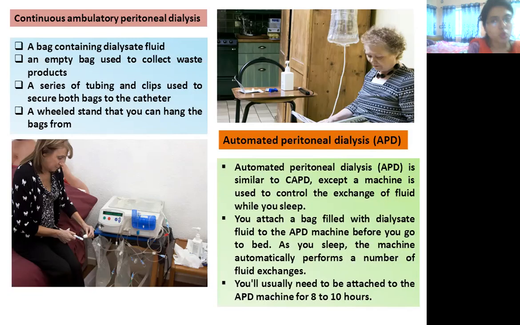And in the automated peritoneal dialysis process, here also we can see a similar type of machine for exchange of fluid. Actually, the basic difference is that in automated peritoneal dialysis, while the patient is asleep, the dialysis can also circulate automatically.